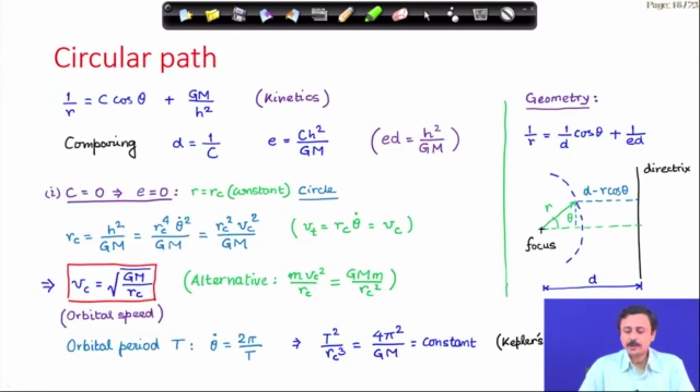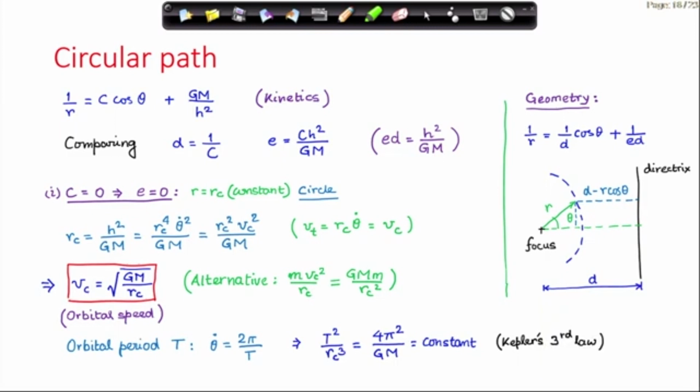And by comparing for various values of e, which is the eccentricity, we had discussed the circular path, and we have also seen how Kepler's third law is recovered from all these expressions.